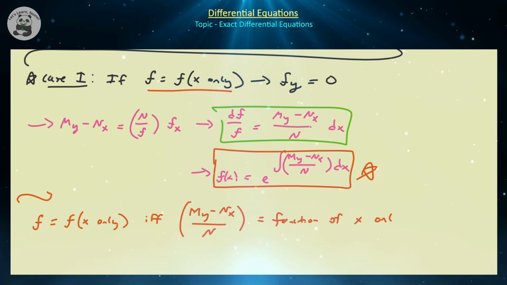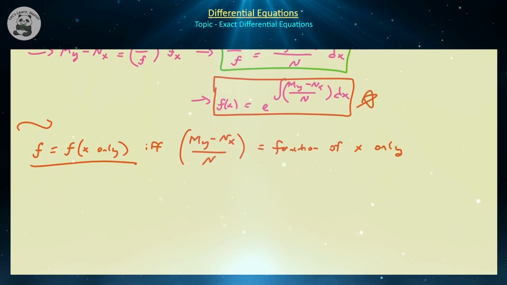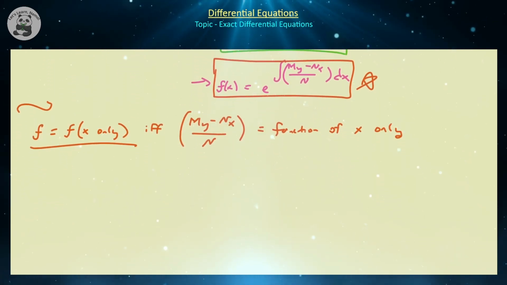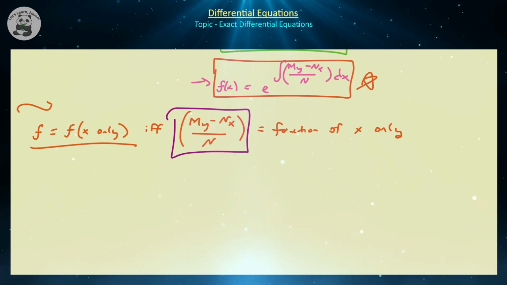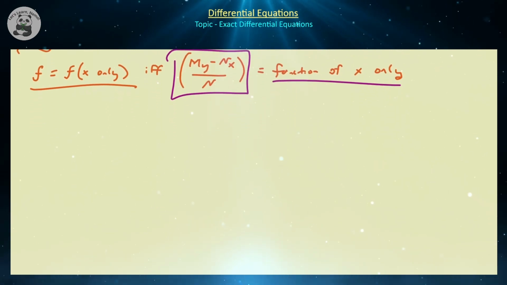I don't care what that function is, but if it's a function of x only, then that means that f is a function of x only as well. And we get that sort of relation from these pink and orange boxes in the statement above. So how can we know that our integrating factor is a function of x only? We analyze this particular relation here and see if it is or not, right? So that's the first case for this PDE.